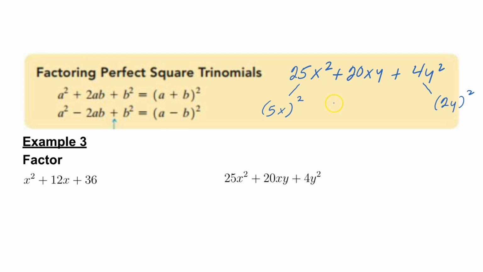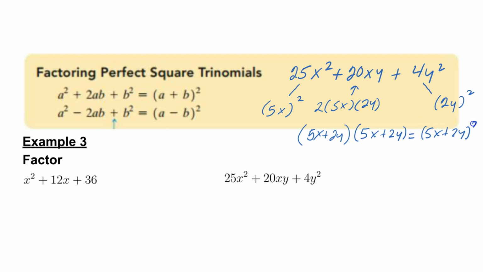So we're going to multiply 5x times 2y times 2, and you're going to see that it is going to be 20xy. 2 times 5 is 10, times 2 is 20. So our factors are going to be 5x plus 2y times 5x plus 2y, which is equal to 5x plus 2y squared.